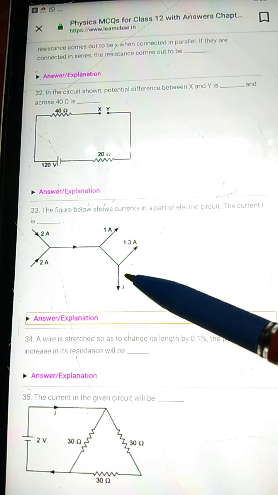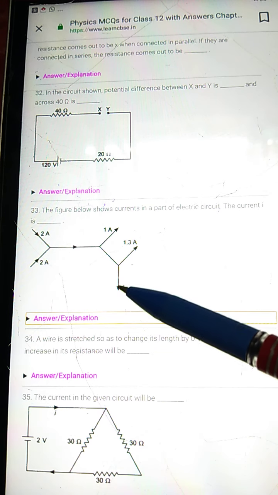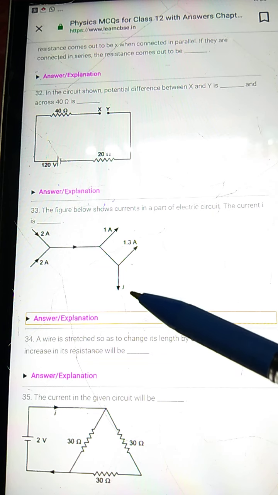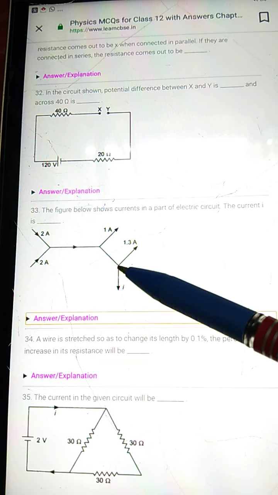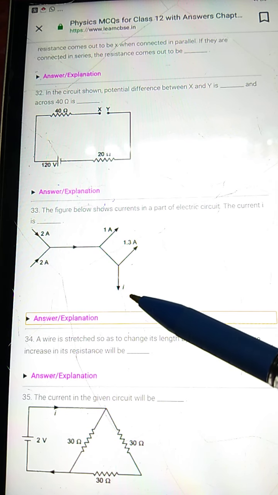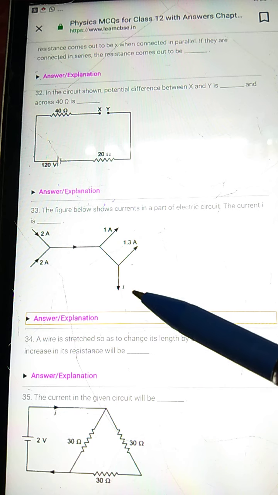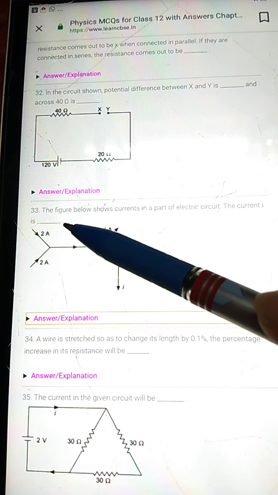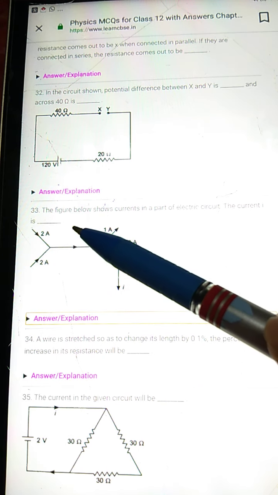Therefore 3 minus 1.3, that is 1.7 ampere of current will pass through this junction. Therefore the value of I is 1.7 ampere. So your answer is 1.7 ampere.